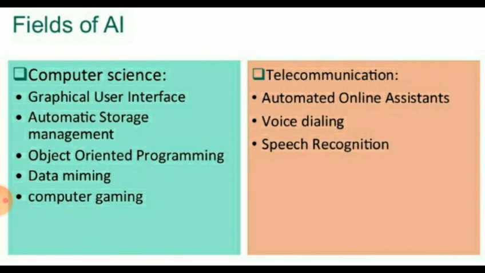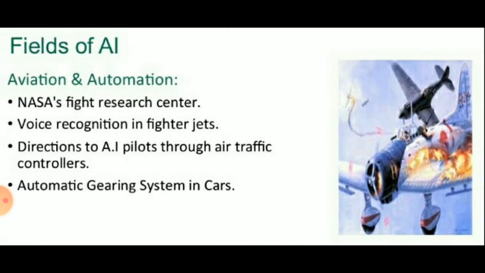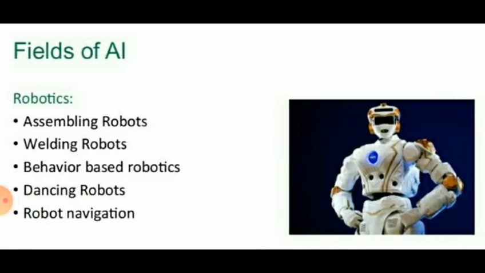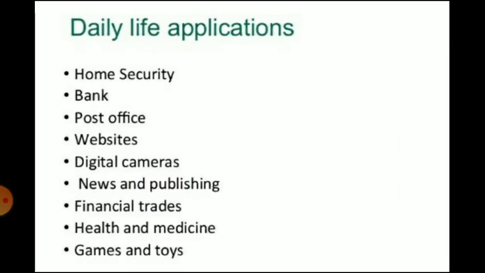These are some fields of AI: computer science, telecommunication, aviation and automation, then robotics. And these are the daily life applications: home security, bank, post office, websites, digital cameras, news and publishing, financial trades, health and medicine, games and toys.